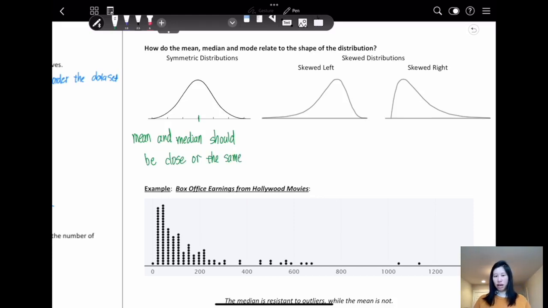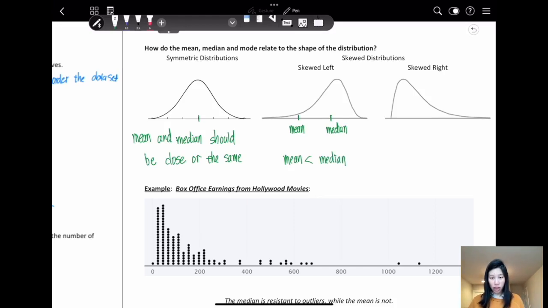What about skew left? Remember, if you skew left, you have a long tail to the left. That means your mean is going to drag to the left side, but your median, which is here, is going to be unaffected. So if you have a skew left, your mean is going to be smaller than your median.